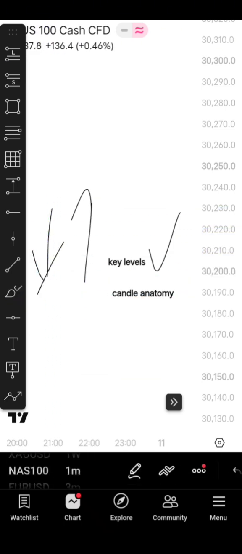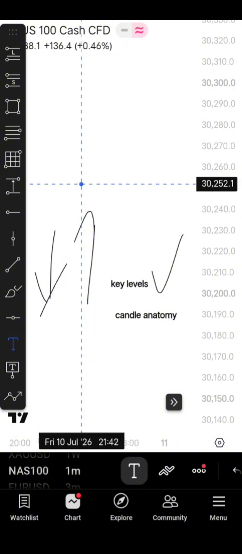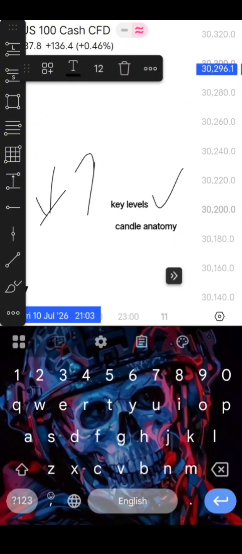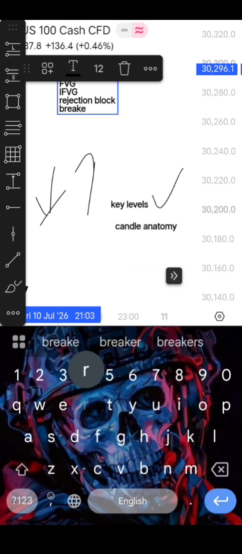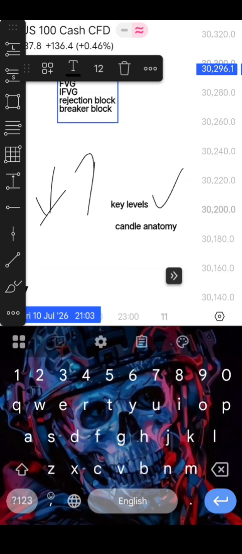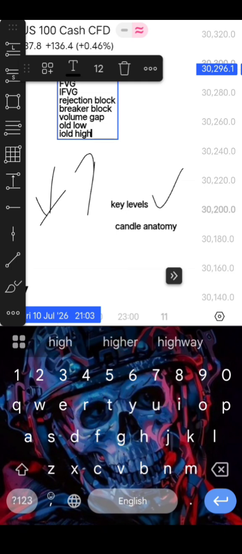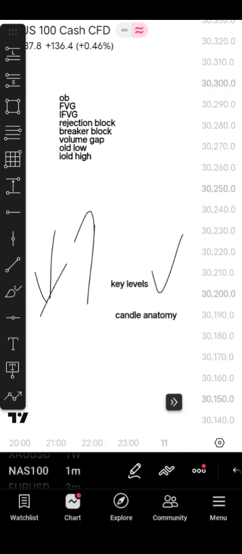So how will you know what the key levels are? Key levels are, for example, order block, FVG, IFVG, rejection block, breaker block, and volume gap, and you can also use all high and all low, meaning the swing low and swing high.